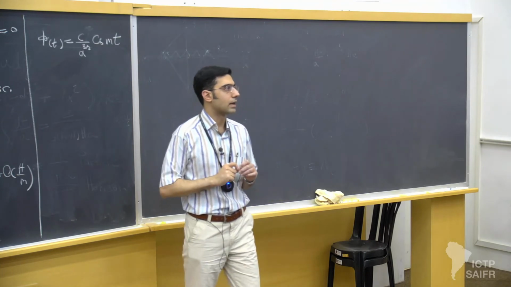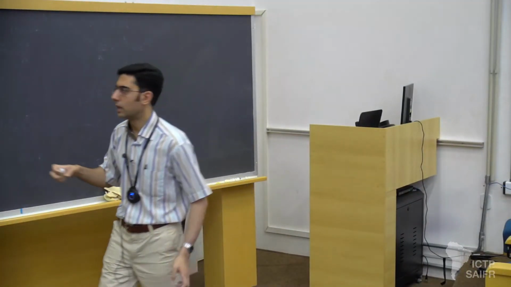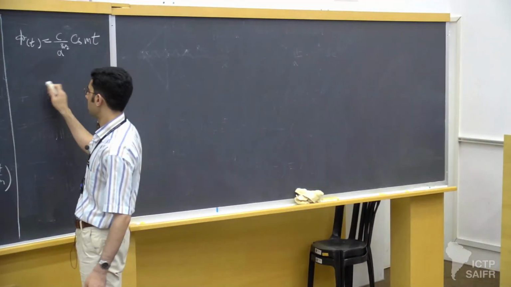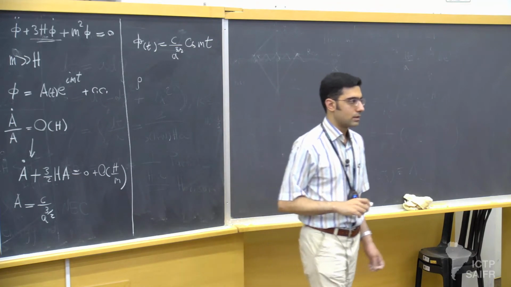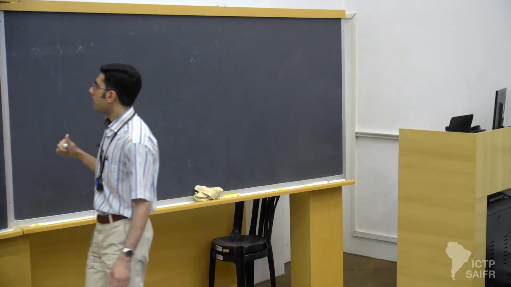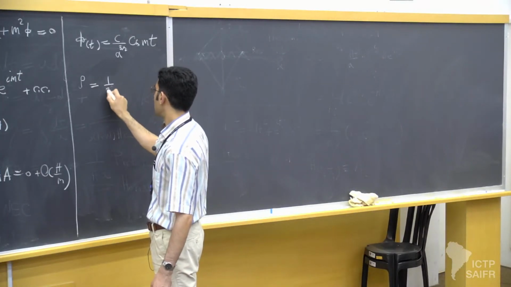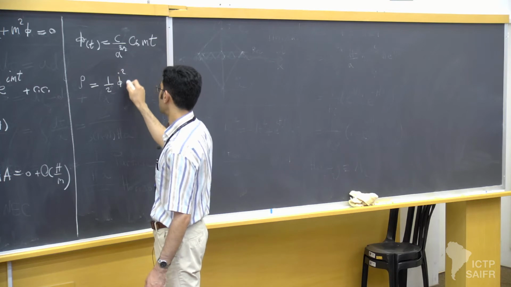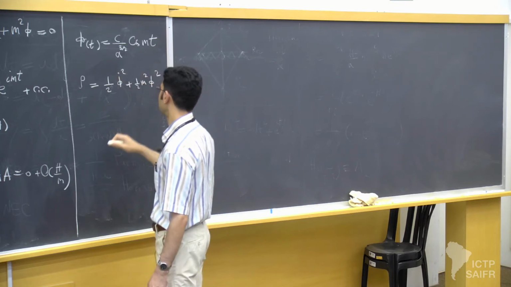We can look at the energy momentum tensor, in particular the energy density of this field with this solution. It's not hard to see that. So this rho was one half phi dot squared plus one half m squared phi squared.